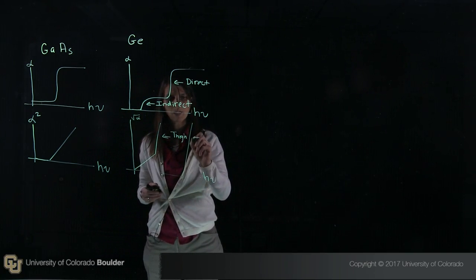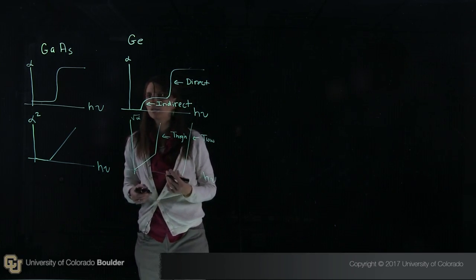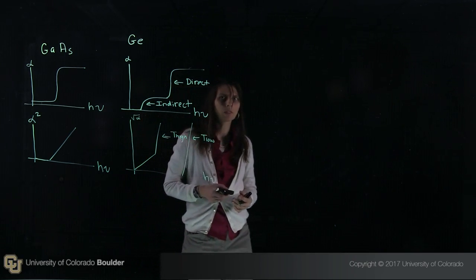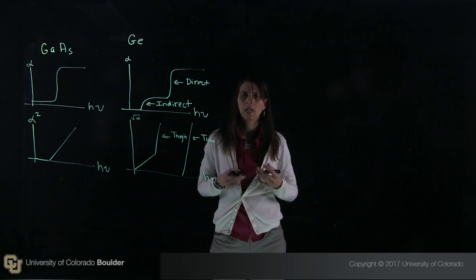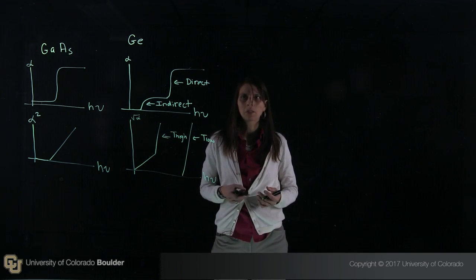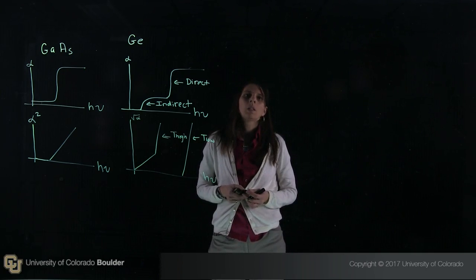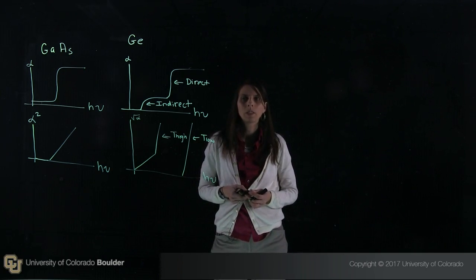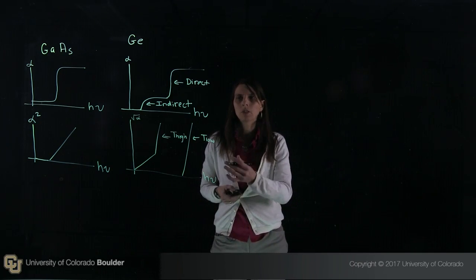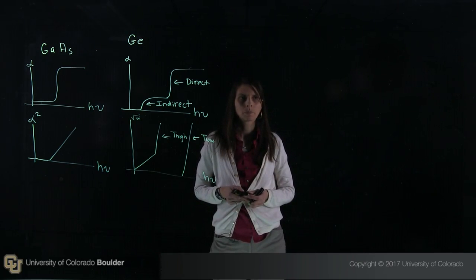So this is what happens at low temperatures. So the question is, what's going on? And in order to understand that, we really need to take a look at mathematically what's happening with the absorption coefficient in terms of the joint density of states for this indirect semiconductor. So let's go ahead and start that discussion.